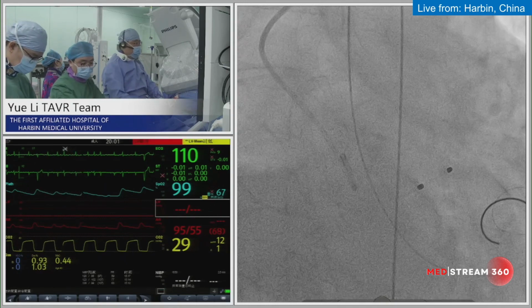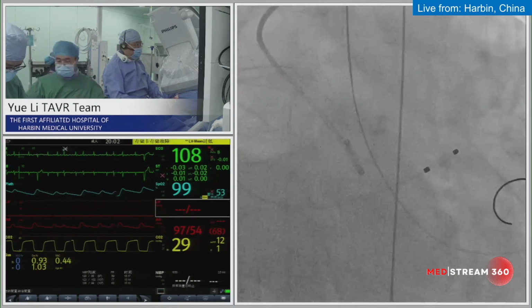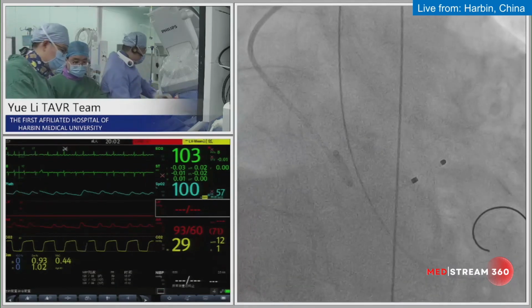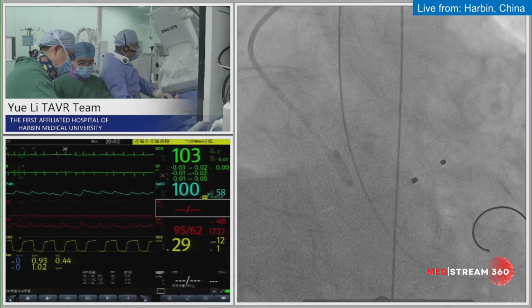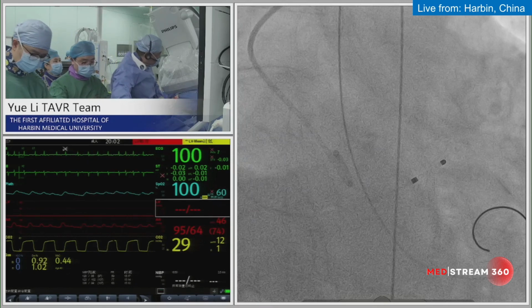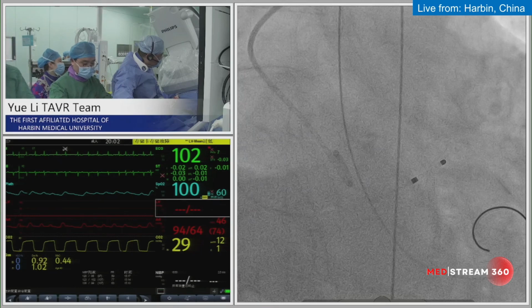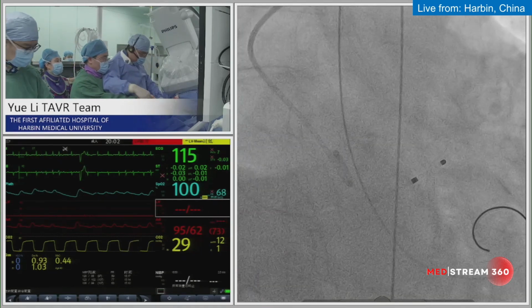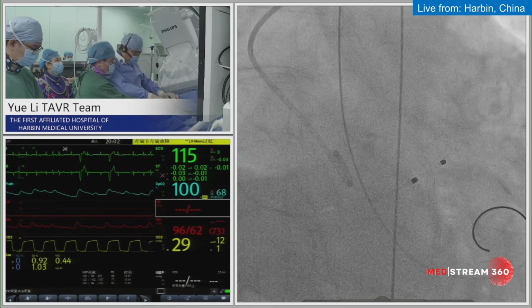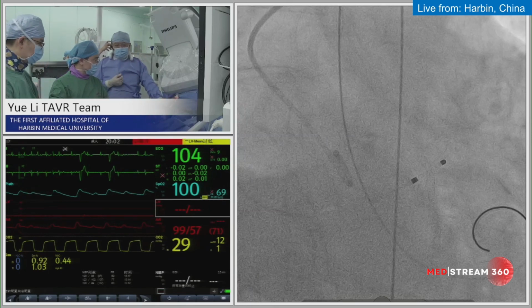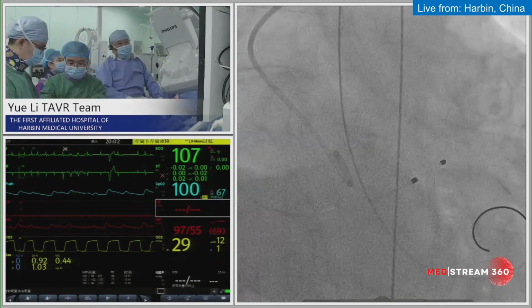The last question is about choosing the balloon size. During the operation, we will also verify the degree of the supravalvular restriction and the valve strategy selected by balloon sizing, for validation of the degree of the supravalvular restriction and the choice of the valve strategy.